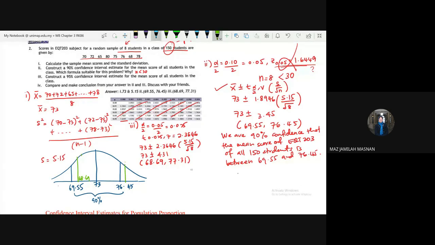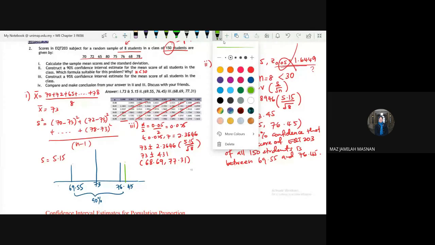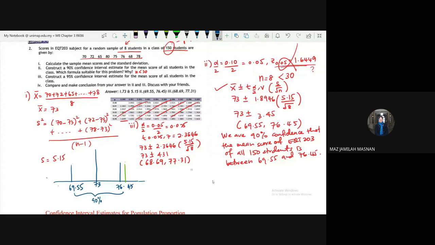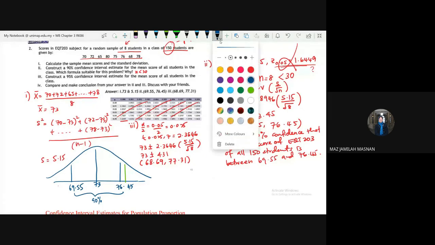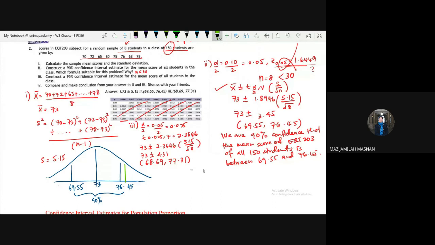Sorry, 68 is not here. No wonder I felt something wrong. Now 68 would be somewhere here, 68.69 and 77.31. So this one is for 95%.